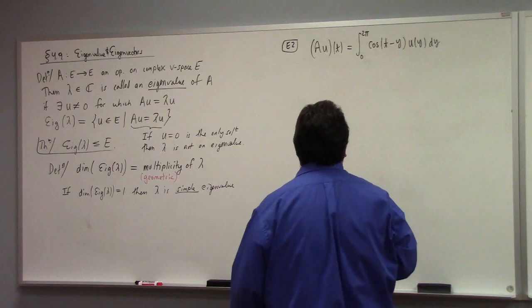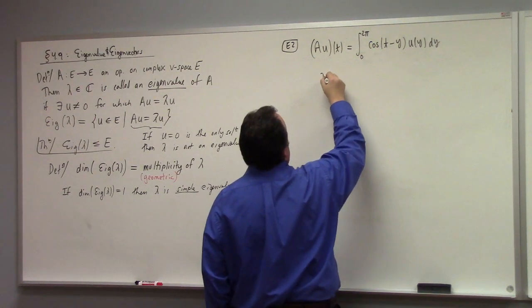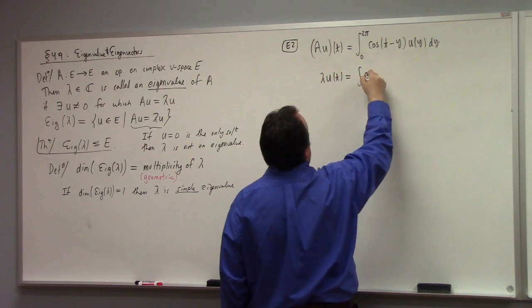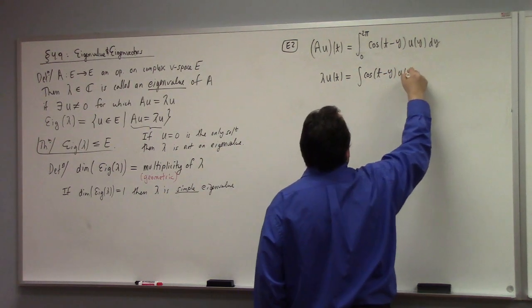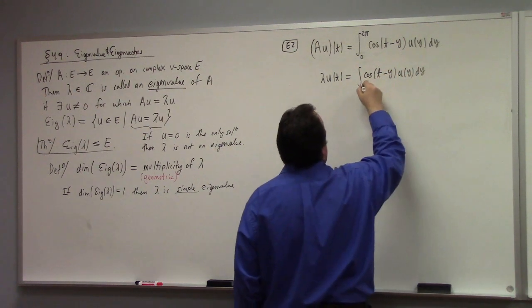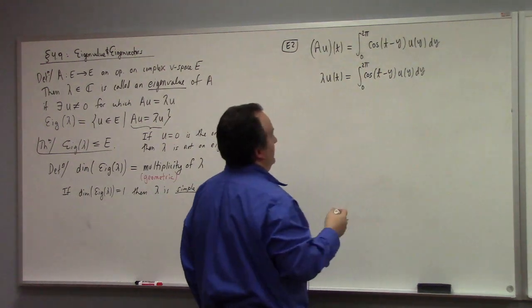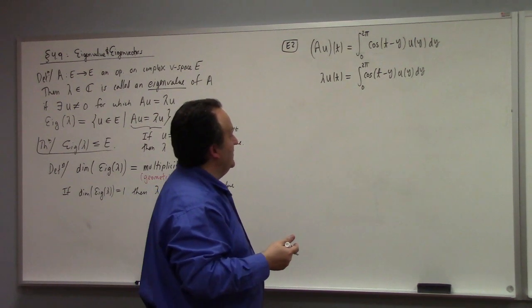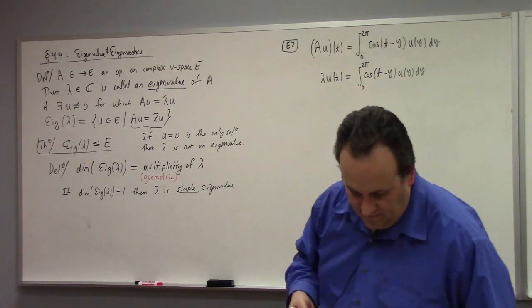So, if this is equal to lambda u of t, that would make this an eigenvector with eigenvalue lambda.